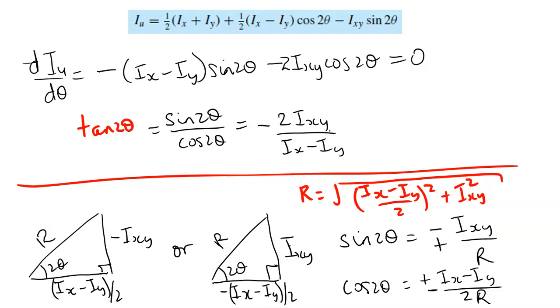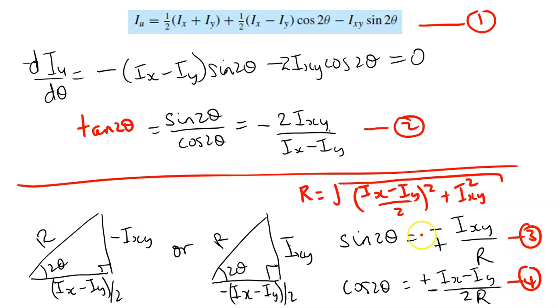Now remember, the goal is to find the value of Iu where it's a maximum or a minimum. So I'm going to call this equation 1. This tan 2 theta is very important, I'm going to call this equation 2. And then I'm going to call sine 2 theta equation 3, cos 2 theta equation 4.